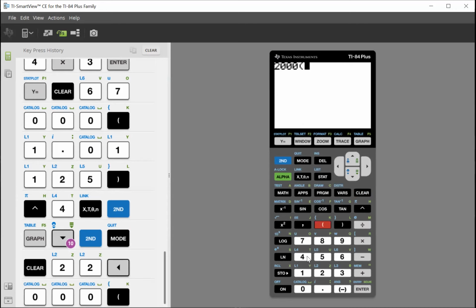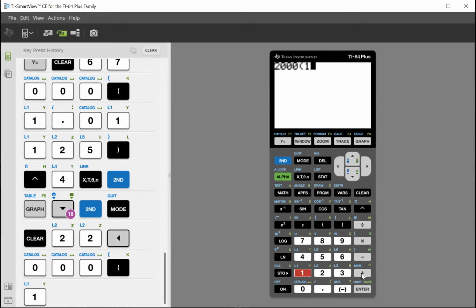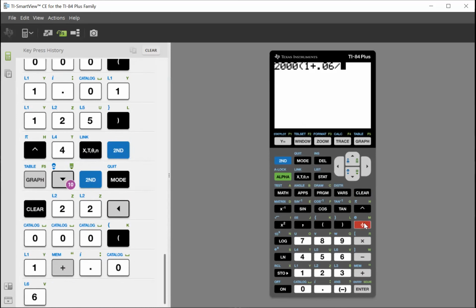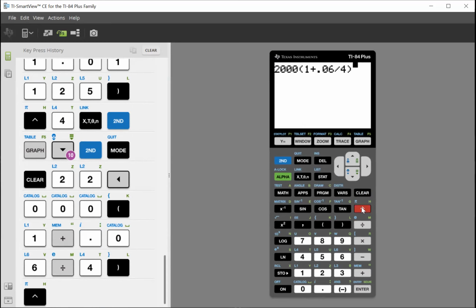And then I'm going to go 1 plus 0.06 divided by 4. I'm going to close my parentheses. And then my exponent was 4 times... Oh, y'all, how many years did we say? 8. 8 years. Okay.